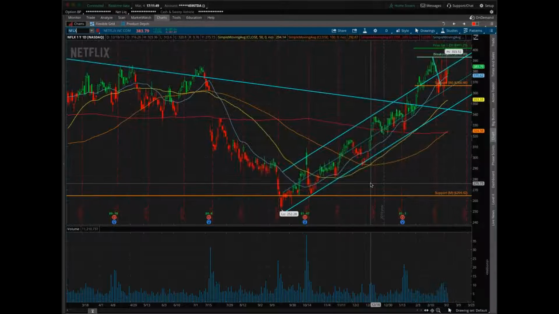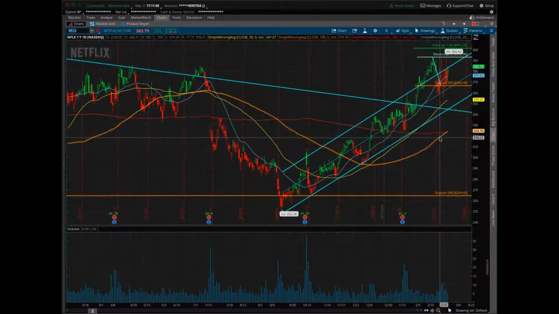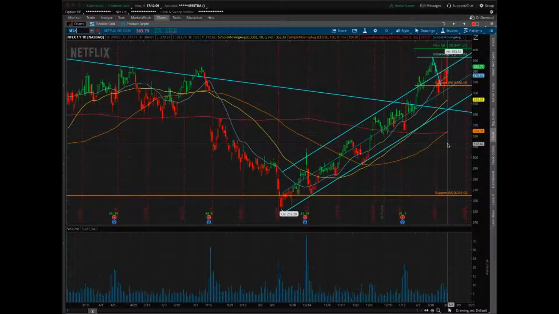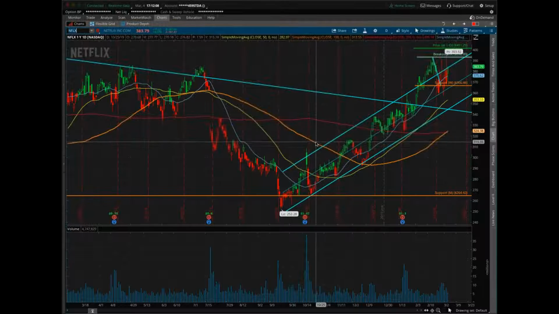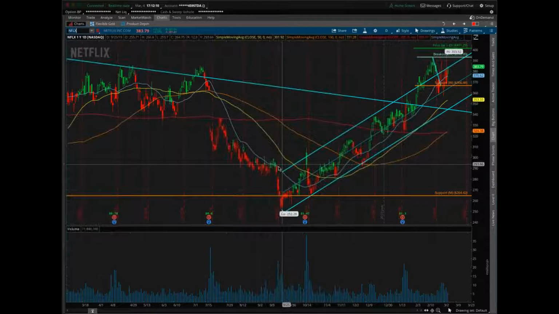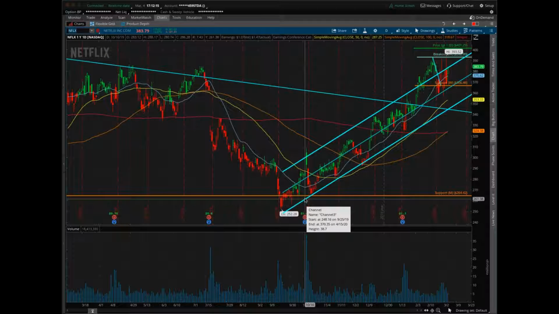And then we can see that our 100-day is crossing over our 200-day, which is very bullish. So before we had our 200-day on the top, and then we had our 100-day, then we had our 50-day, then we had our 20-day. So this stock was very bearish here.